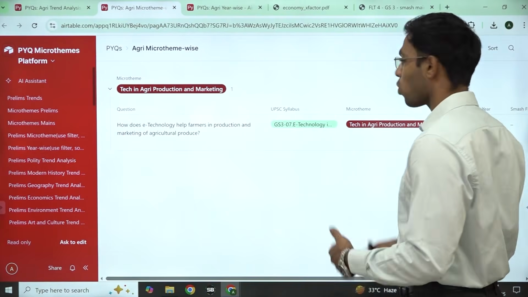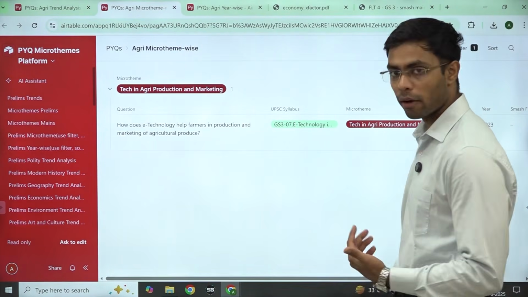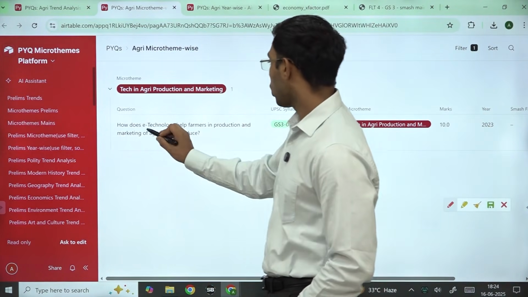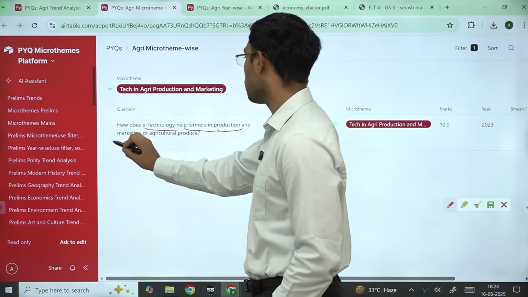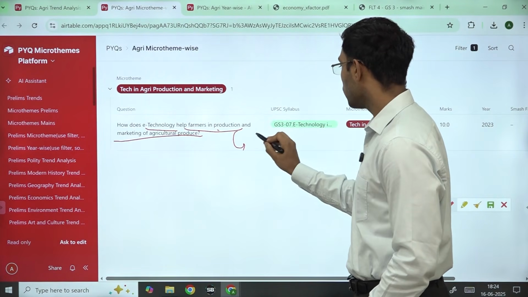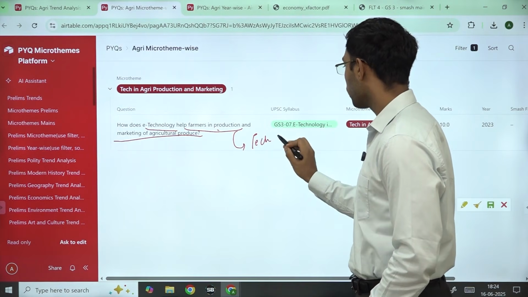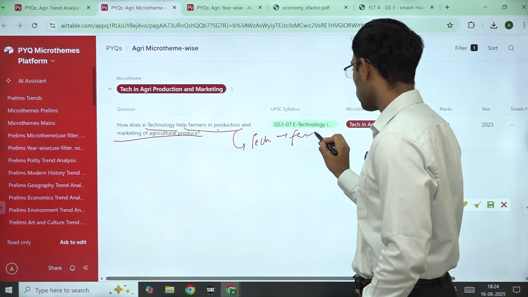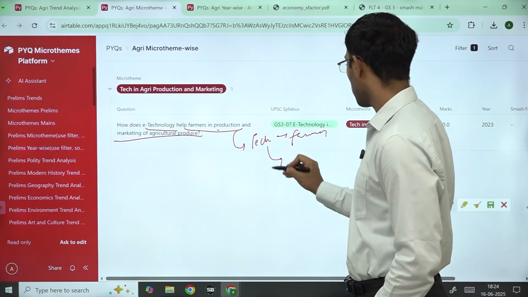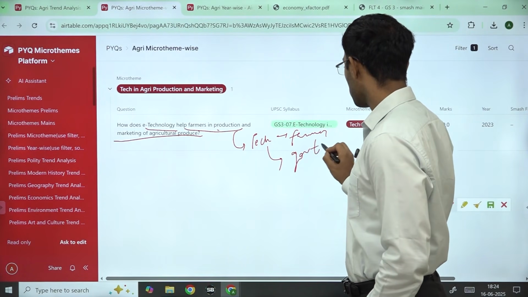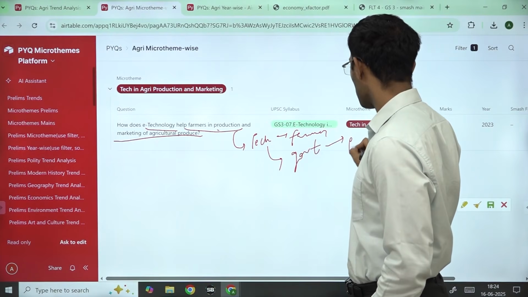What is UPSC telling us to study and prioritize? How is technology helping farmers in production and marketing? So technology helping farmers, because it's agriculture. Very well, what can be asked next is helping government study the progress on agriculture.